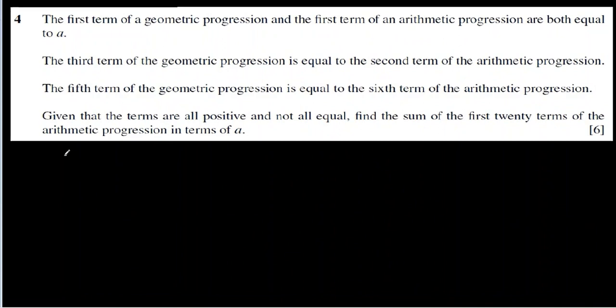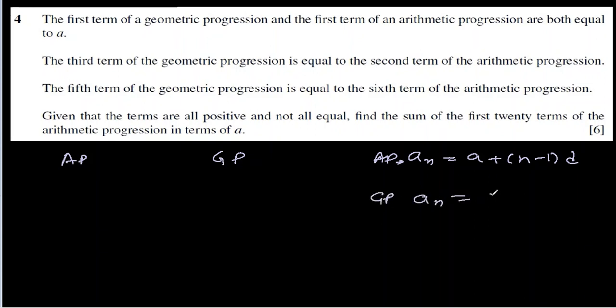So there's an AP and there's a GP. Alright, the third term of the GP is equal to the second term of AP. So a_n for AP is a plus (n minus 1) d, and a_n for GP is a r, common ratio, to the power n minus 1, right? So they're saying third term of GP.